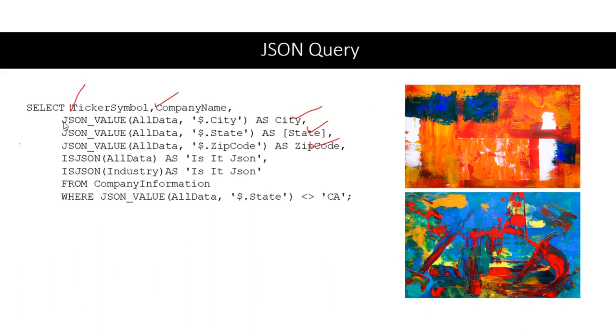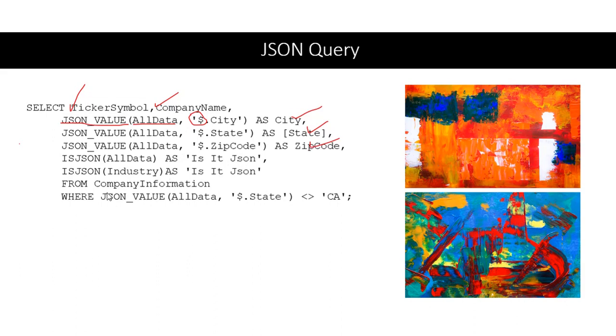So we take the JSON_VALUE method, we're referencing the all data column, here's the root, and we say we want city, JSON_VALUE all data state, JSON_VALUE all data zip code. ISJSON is going to return a 0 if it's not JSON and a 1 if it is. And so I named those columns isItJSON.